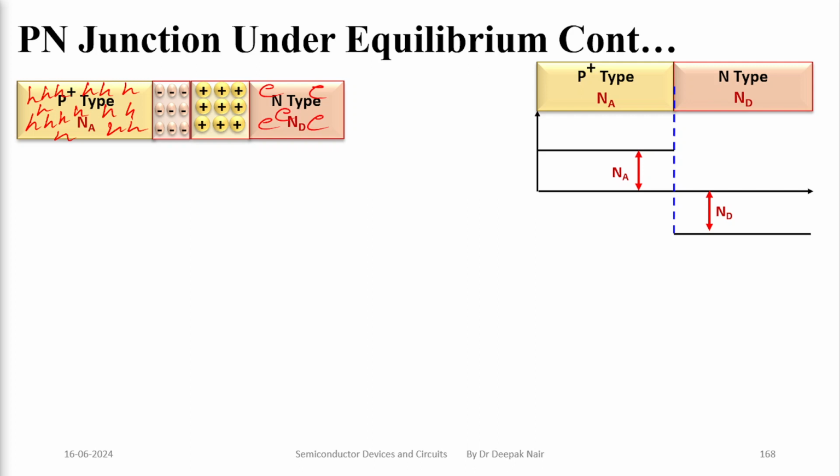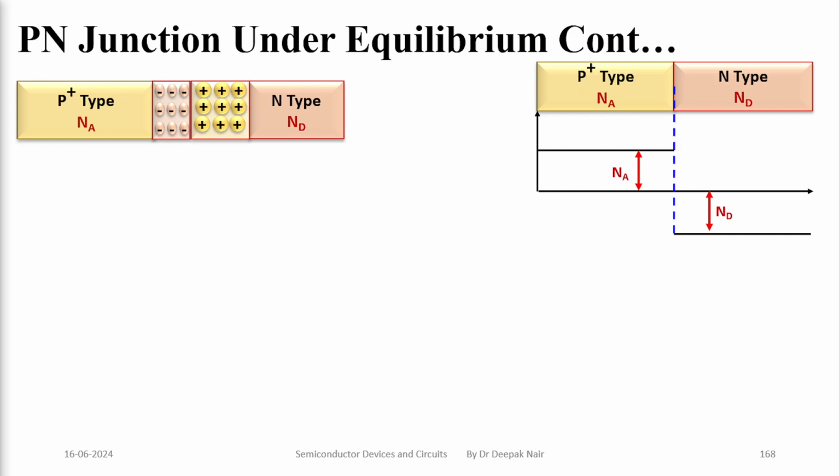The electrons and holes which are very close to the junction will neutralize each other and form a junction barrier, and in the junction barrier we have ions present. All the plus signs here have moved from the P-type semiconductor and crossed the junction, and similarly the minus signs represent the electrons which have combined with the holes near the junction, and this creates a barrier.